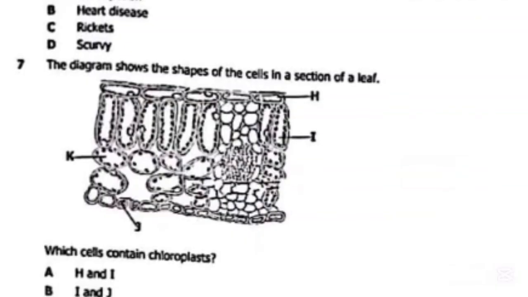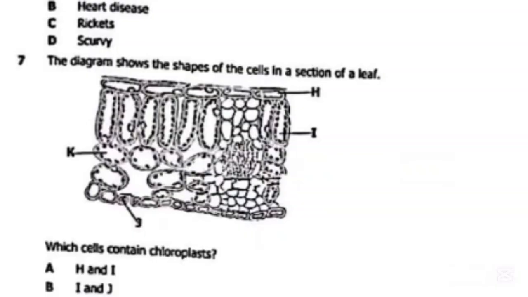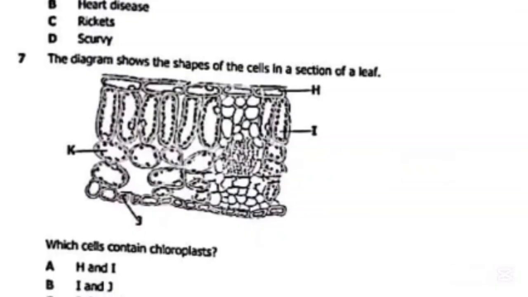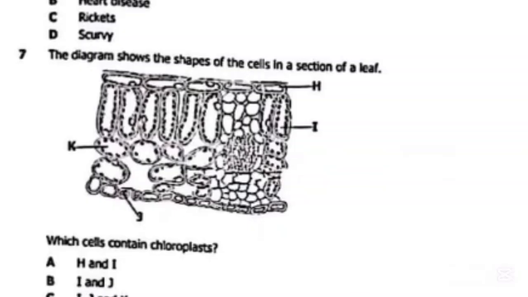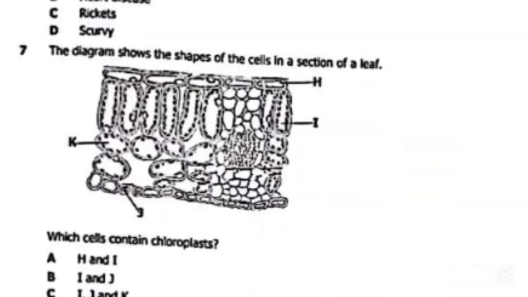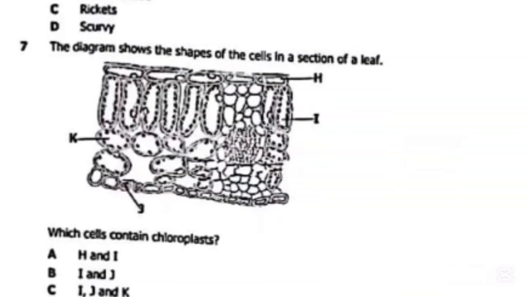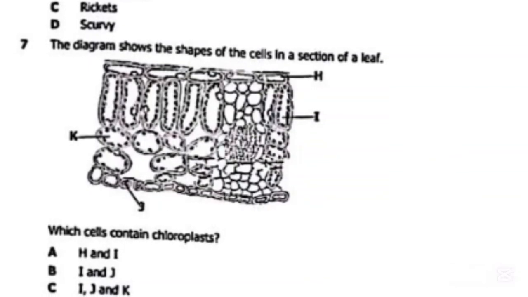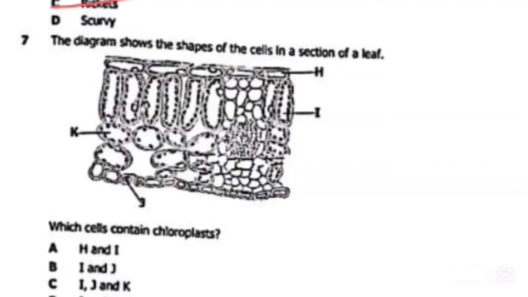A heart disease cannot be caused by lack of calcium. Constipation also cannot be caused by lack of calcium, but by lack of dietary fibers. So our answer is C. Rickets is the disease caused by lack of calcium in the diet.